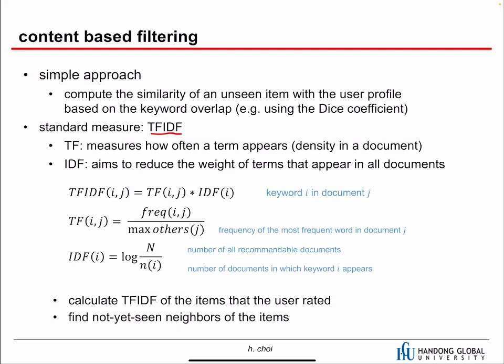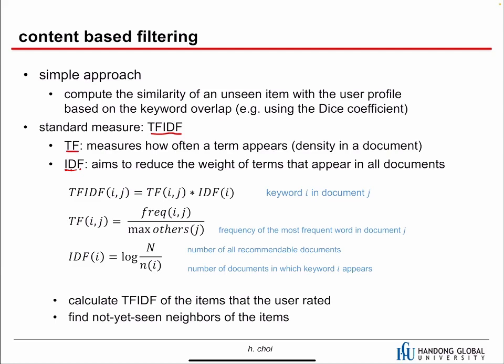So TF measures how often a term appears, it is term frequency. And IDF aims to reduce the weight of the terms that appear in all documents. This one is inverse document frequency. If one word appears in all the documents, then that word is not an important word, right?